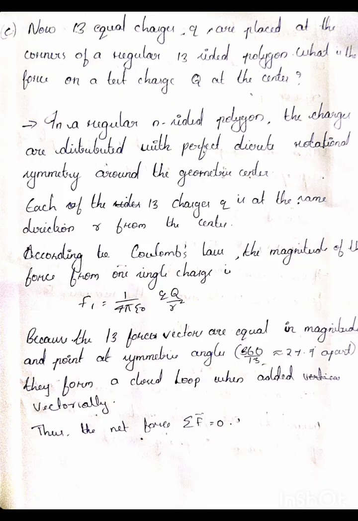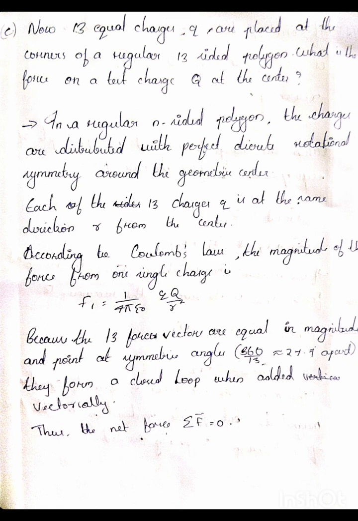Second question. Now 13 equal charges Q are placed at the corners of a regular 13-sided polygon. What is the force on a test charge q at the center? In a regular n-sided polygon, the charges are distributed with perfect discrete rotational symmetry around the geometric center. Each of the 13 charges Q is at the same distance r from the center.